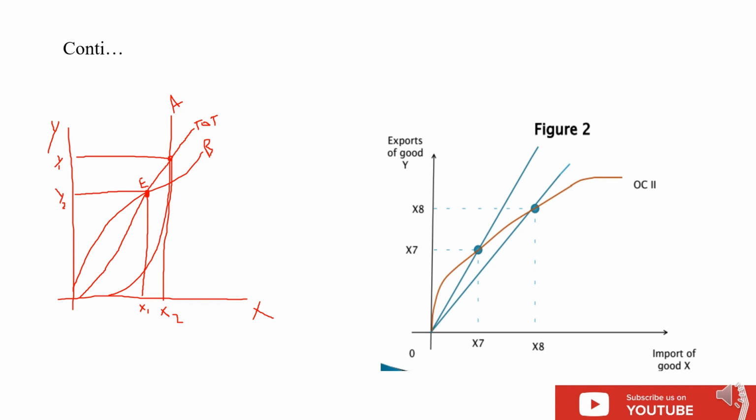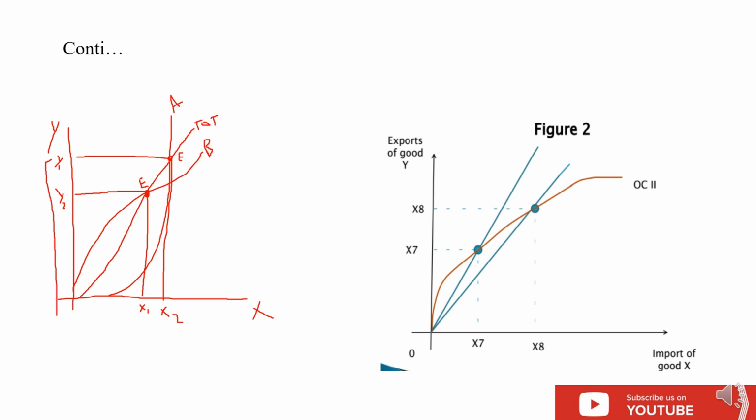Similarly, at E1 point country 1 wants to import Y1 commodity and export X2 commodity.